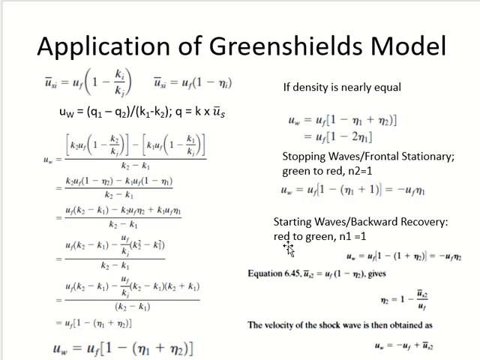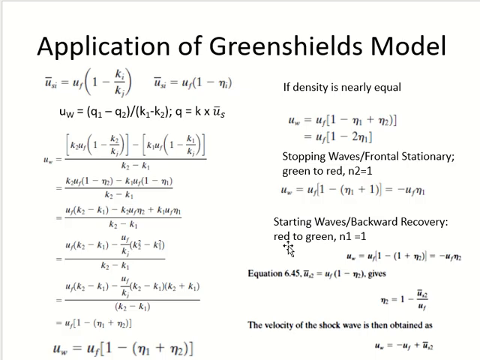Before, so eta 1 is 1. So again we'll do the same thing. Eta 1 will be replaced by 1. This will become 1 plus 1, and 1 minus 1 cancel out. So whether the signal goes from green to red or red to green, the value is the same.